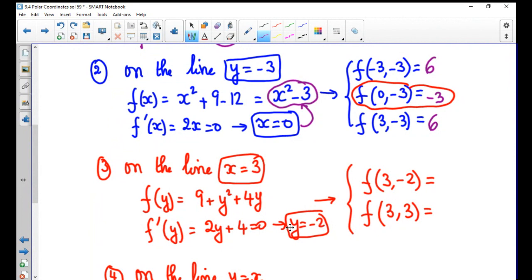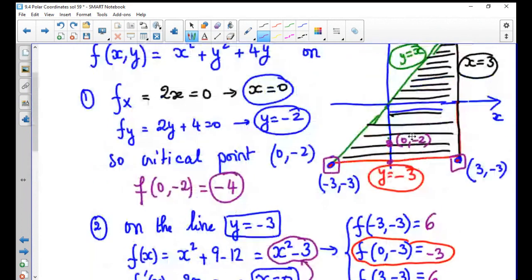So now you have the point (3, -2). What will be the value? I think 13 minus 8. Is it 5? Yeah, on this line, this will be 5.